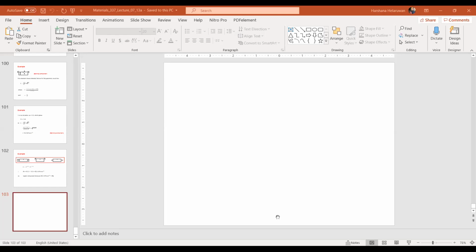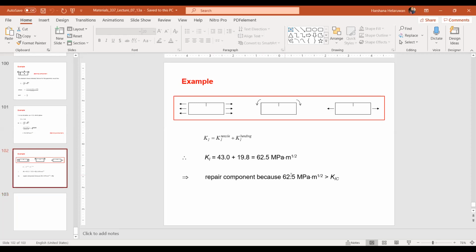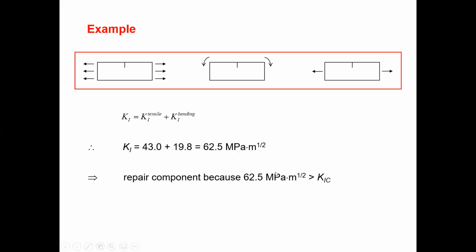The earlier problem, the KI value is higher than 60 now? Yes. To get rid of the 62.5, we need to adjust the fillet. You mean repair? Yeah. Okay.